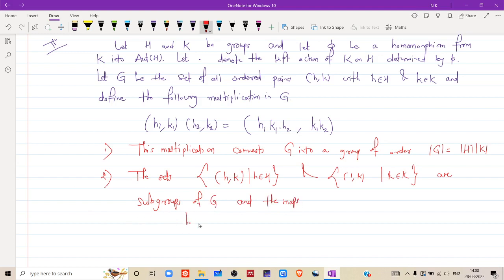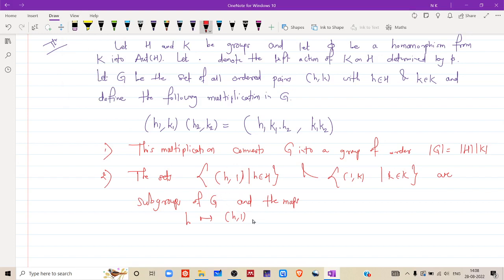Here it is not k, because we are not assuming k, so it is just (h, 1).